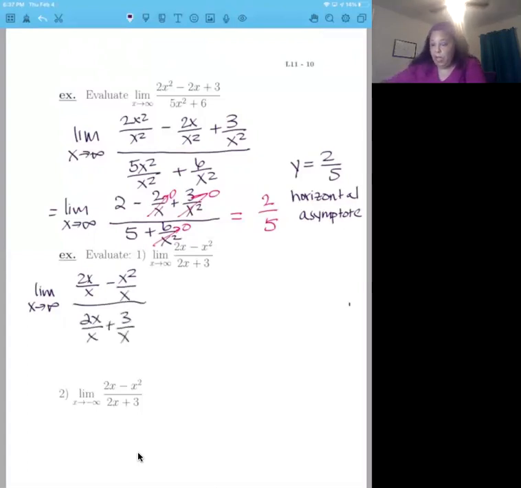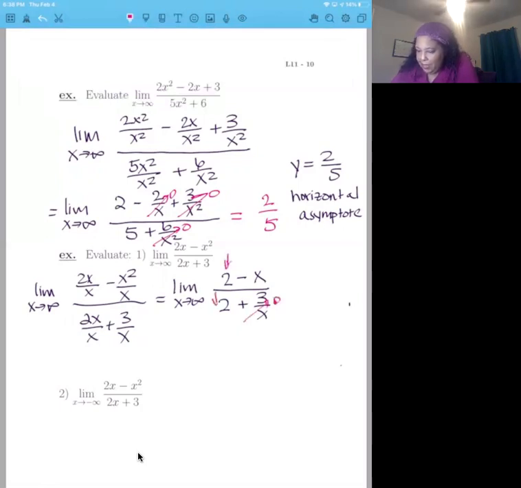All right, so go ahead and reduce. And I get a 2 minus x over 2 plus 3 over x. All right, so now if I plug in infinity, well, this is going to go to 0, like we said before.